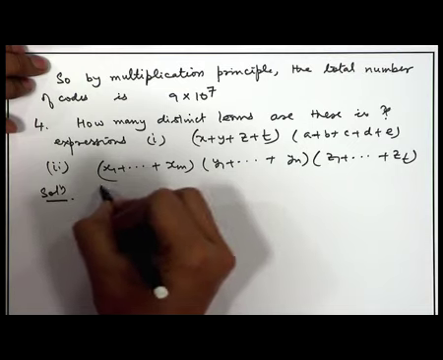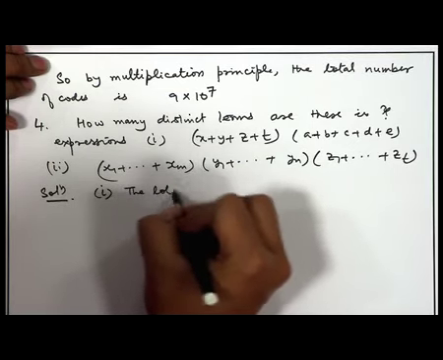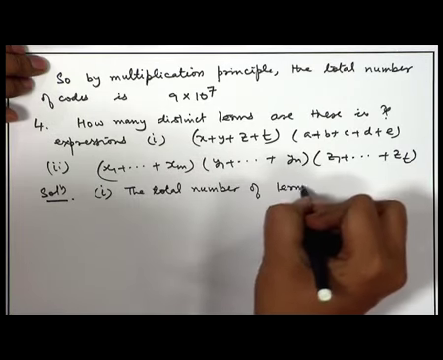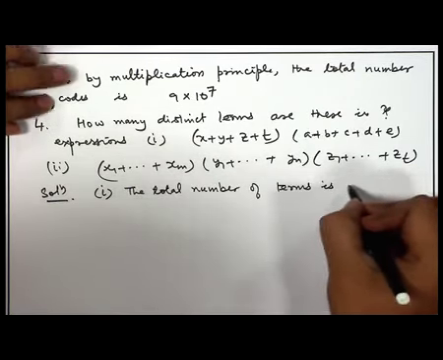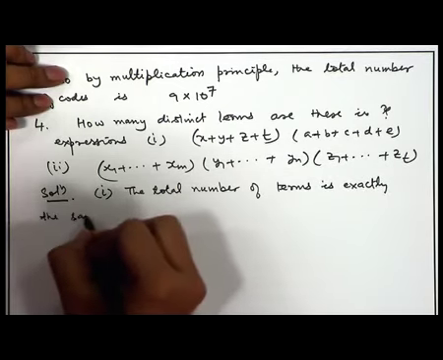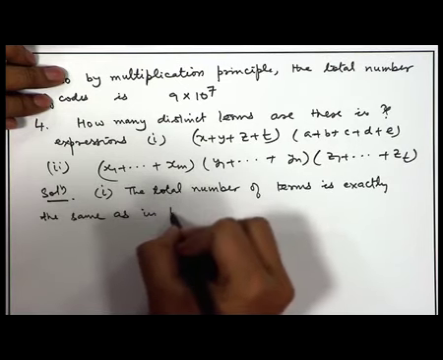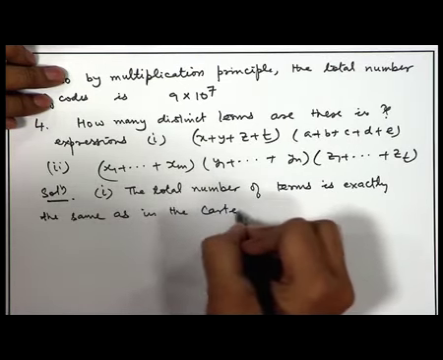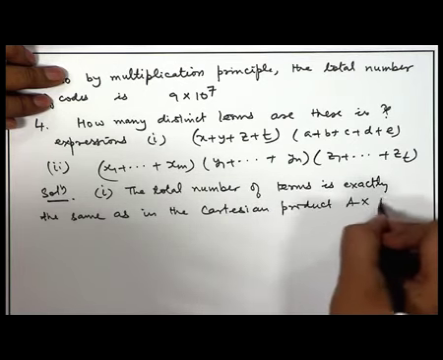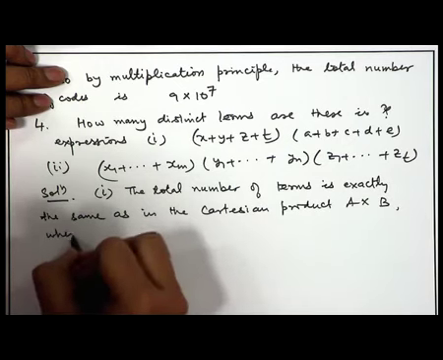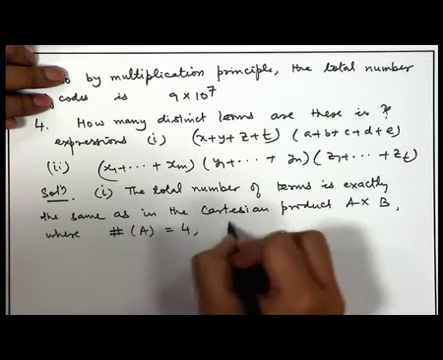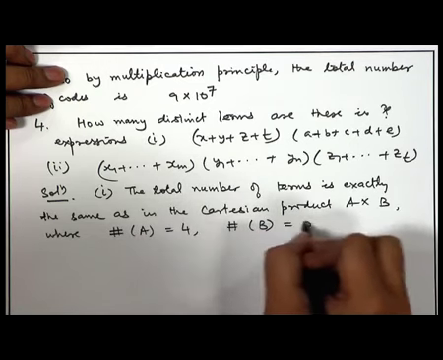So, in the first case, the total number of terms is exactly the same as the cardinality of the Cartesian product A cross B, where the cardinality of A is 4 and the cardinality of B is 5.